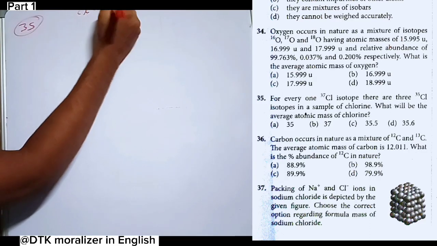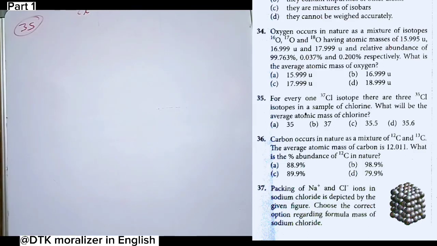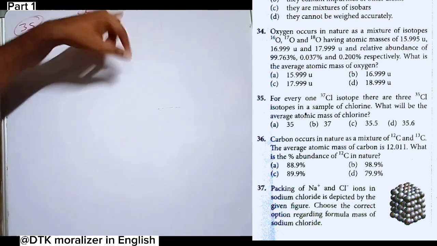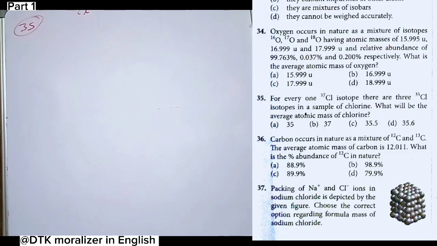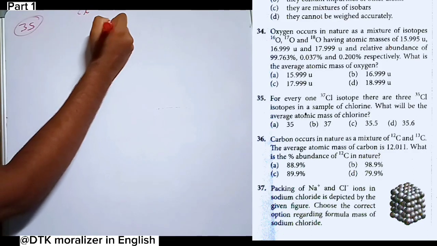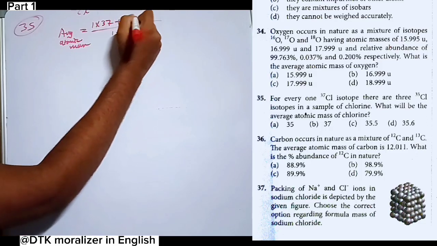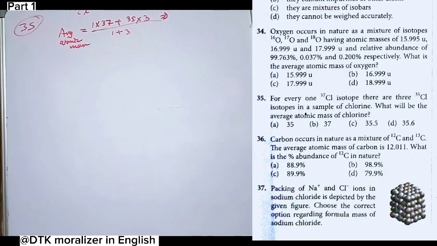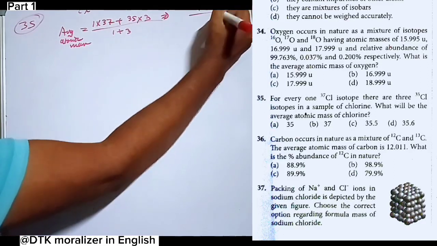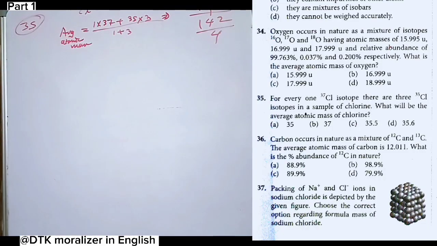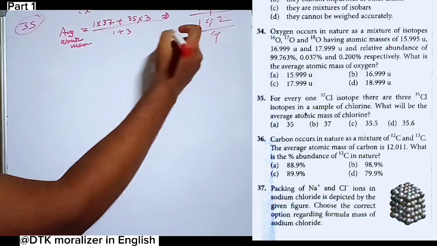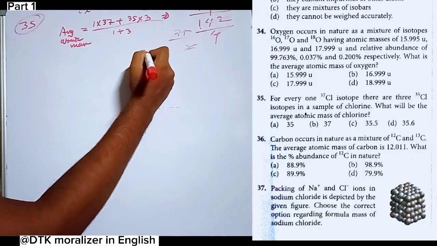Question number 35. For every one Cl37 isotope, there are three Cl35 isotopes in a sample of chlorine. What will be the average atomic mass of chlorine? So we want the average atomic mass: 1 into 37 plus 35 into 3, because for one Cl37 isotope there are three Cl35 isotopes. So 1 into 37 plus 35 into 3, divided by 1 plus 3.